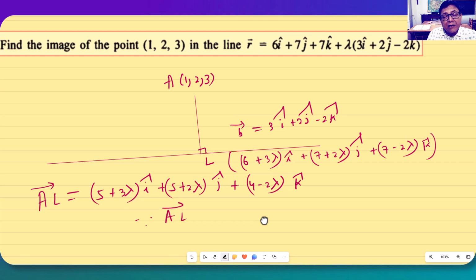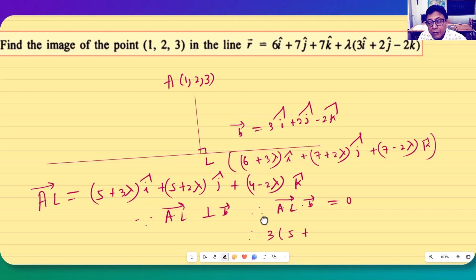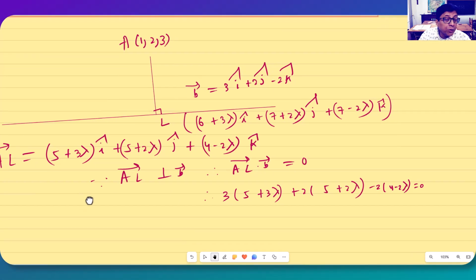Since AL is perpendicular to b, therefore AL dot b will be 0. AL dot b is what? 5 plus 3 lambda, 5 plus 2 lambda, and then, okay, that dot product must be 0, AL dot b must be 0, we got this.